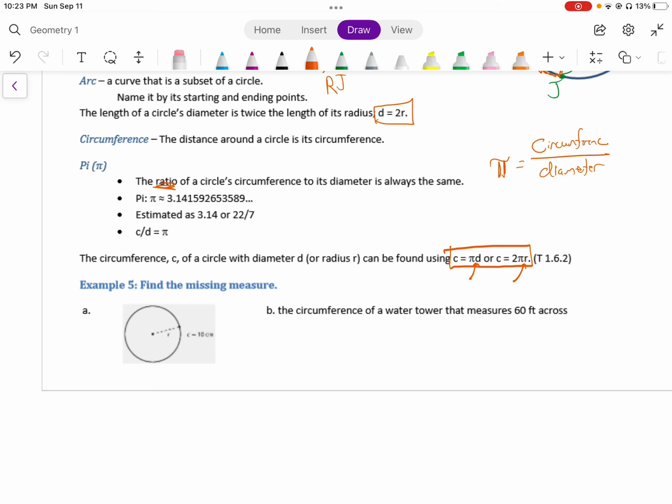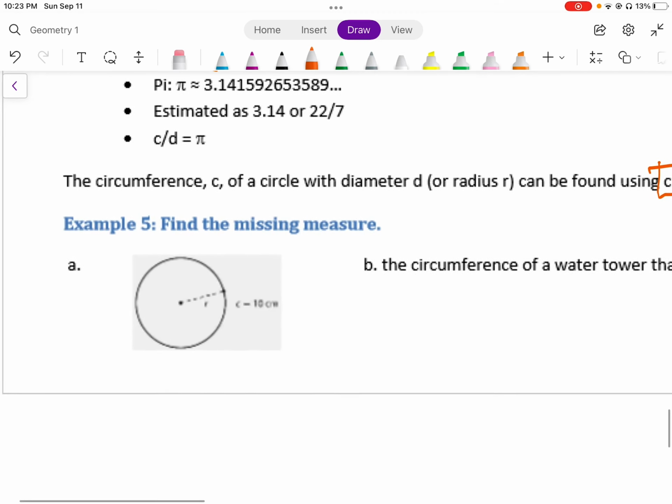Find the missing measure. Well, we want to find R here. I know that's hard to see, but we know the circumference is 2 times pi times R from this line up here. Well, we know the circumference is 10 centimeters, equals 2 pi times r. Well, pi is about 3.14.